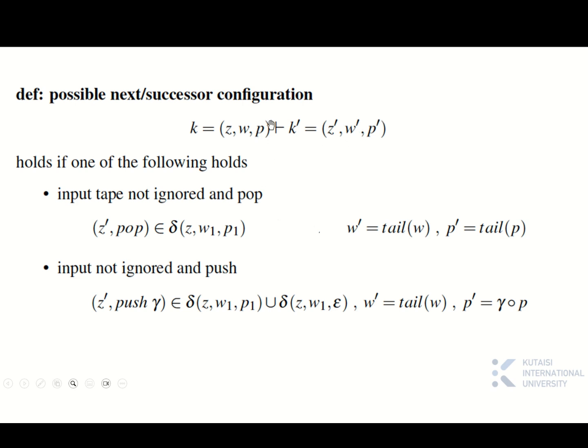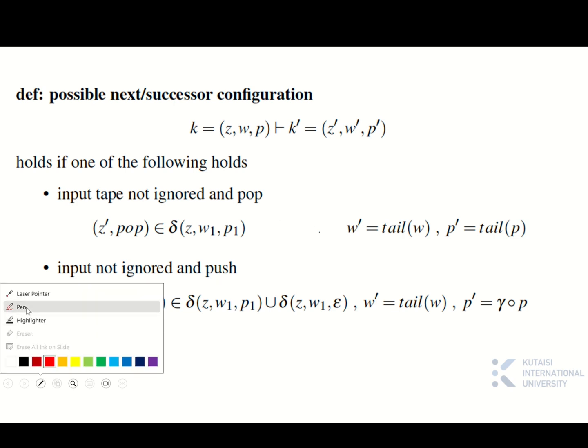So when can this happen? Now I'm going to describe what it means to go from one configuration to the next. Of course, it depends on your delta function again. And first, I'm claiming that, maybe I can actually write with the pen.